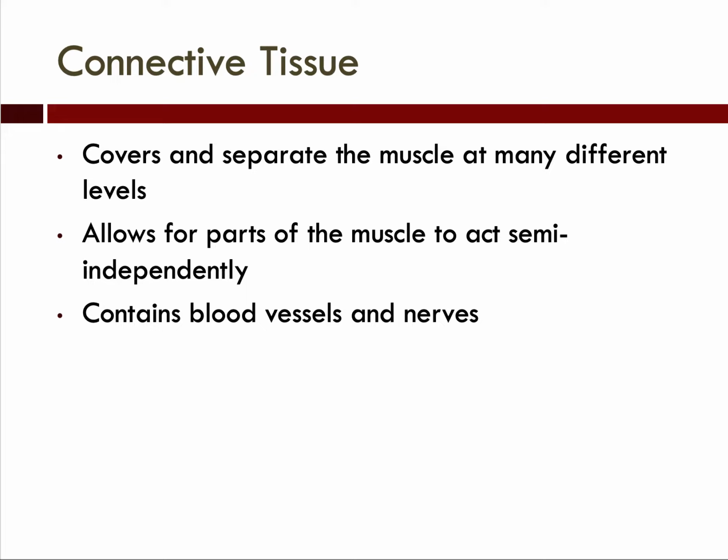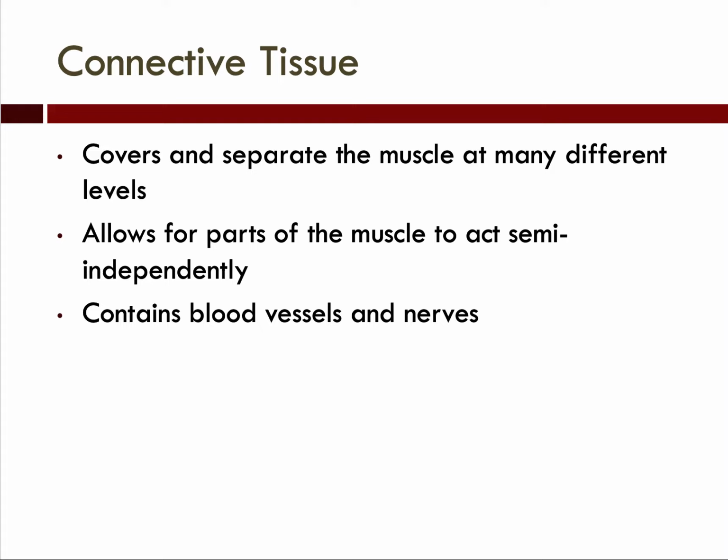If I'm only lifting something very light, say a piece of paper or a clipboard, I don't need to recruit as many muscle fibers as if I were lifting some very heavy weight. And so because they're in different little bundles, the muscle fibers are able to contract separately from each other.